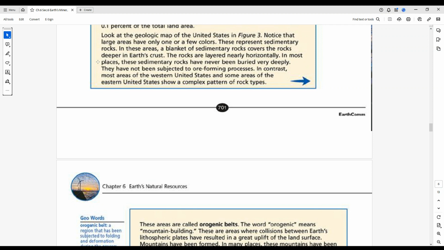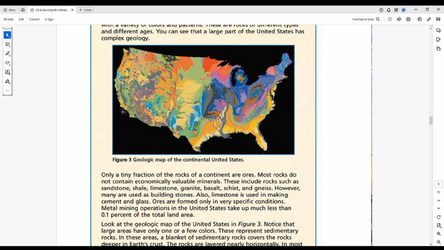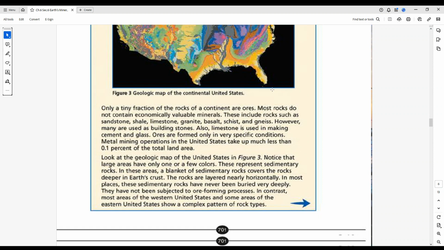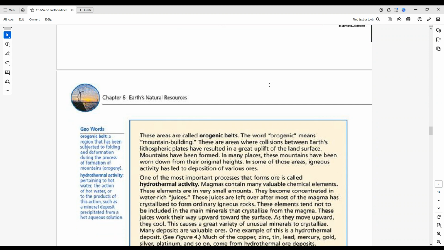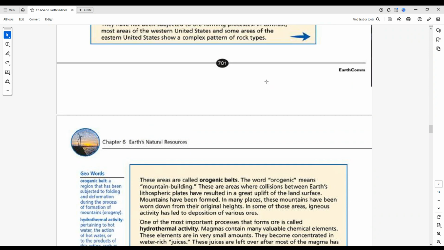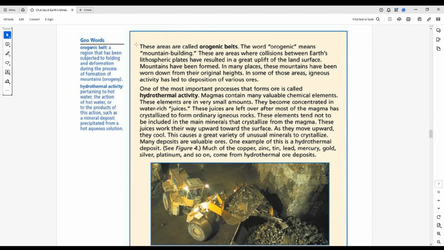In contrast, most areas of the western United States and some areas of the eastern United States show a complex pattern of rock types. There's the western United States, and here's the eastern United States. These areas are called orogenic belts.